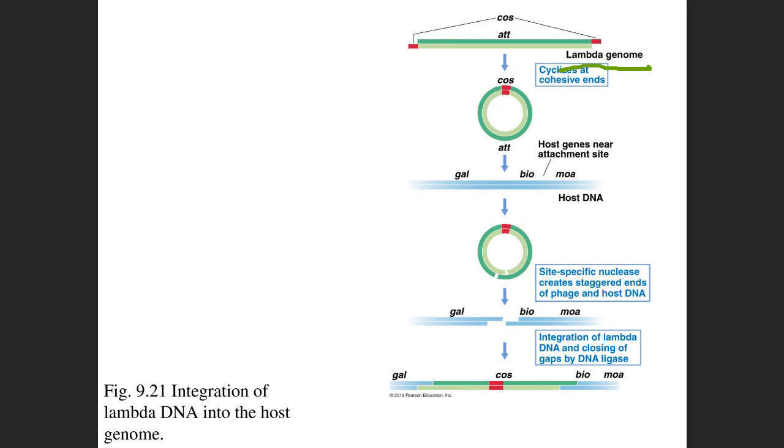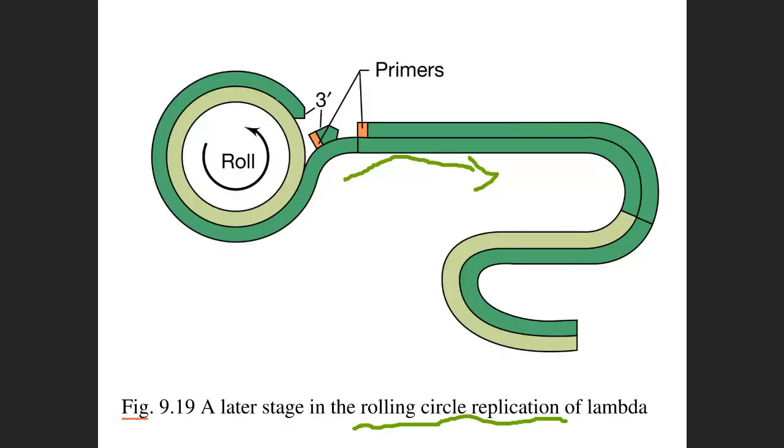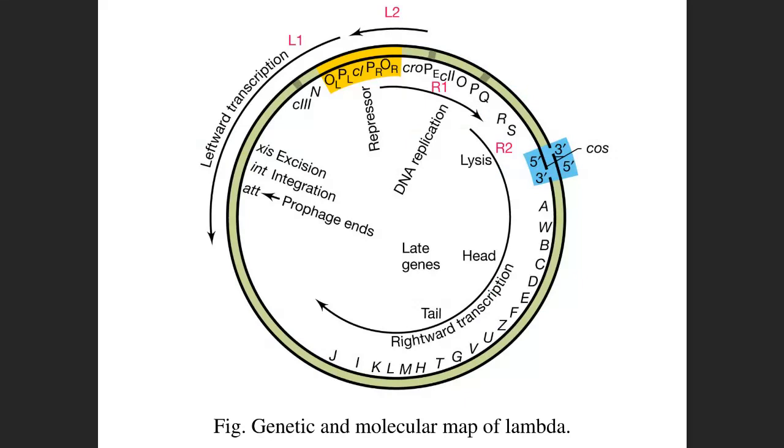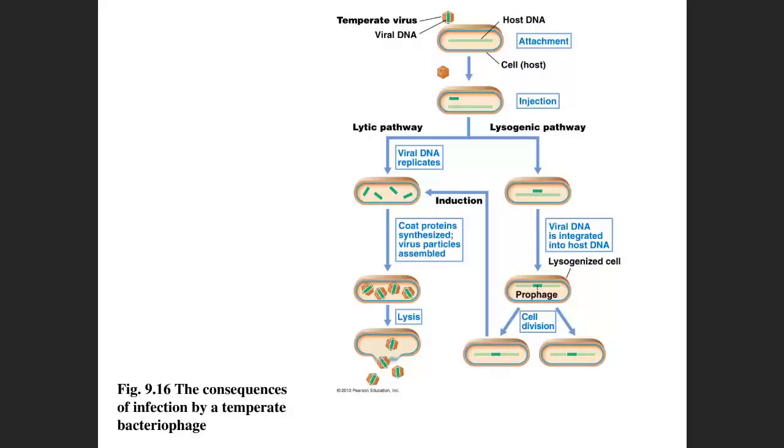Okay, and so now it's integrated, and that's going through the life cycle. So now I just wanted to highlight that you can have the lytic cycle and the lysogenic cycle, and those are the key points.